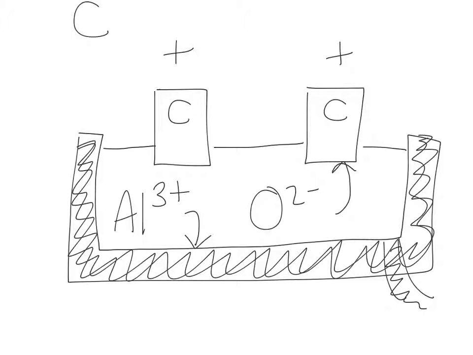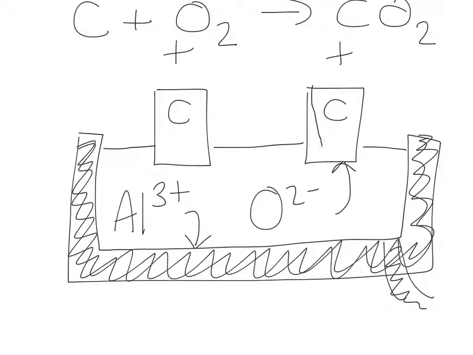So the carbon that the electrodes are made up of will react with the oxygen gas that has been produced at the positive electrode. This will then give off carbon dioxide. What this means is that over time the carbon electrodes will get smaller and smaller as this carbon has reacted with the oxygen gas.